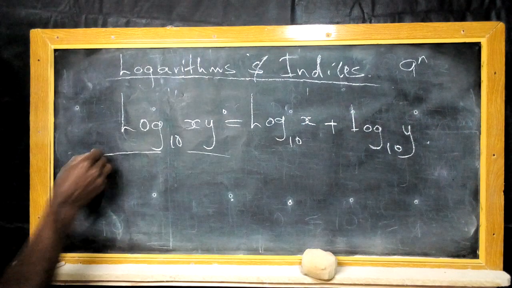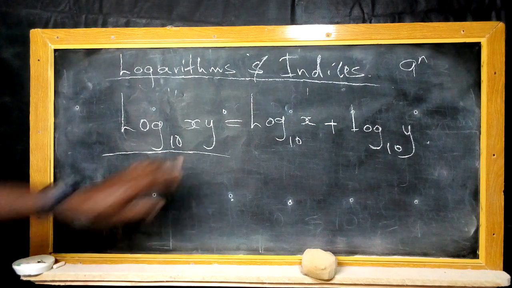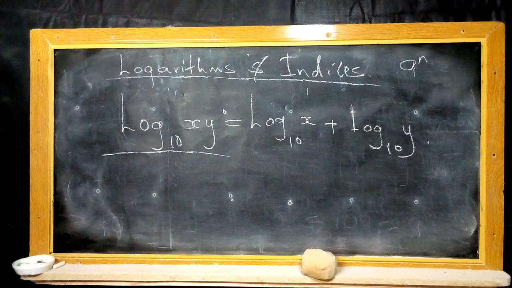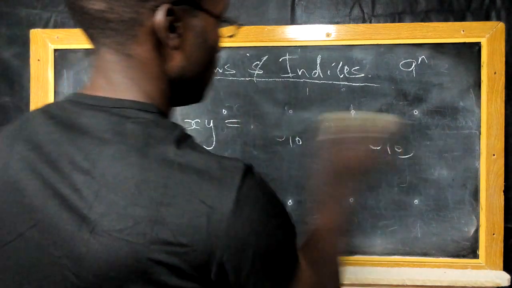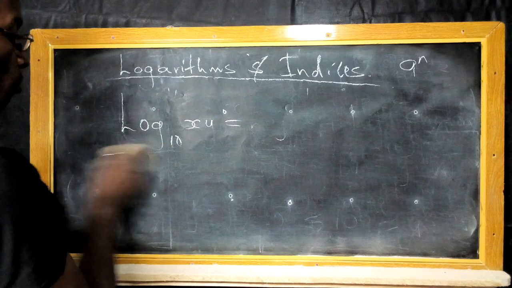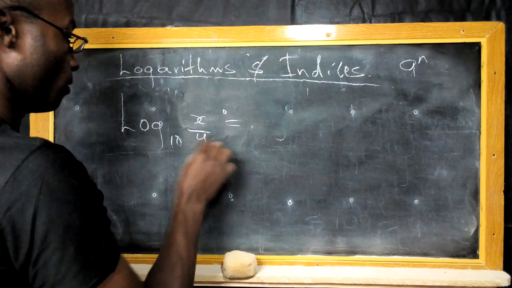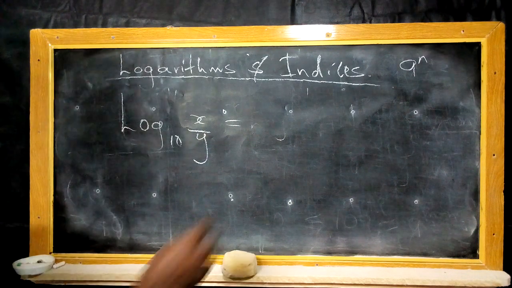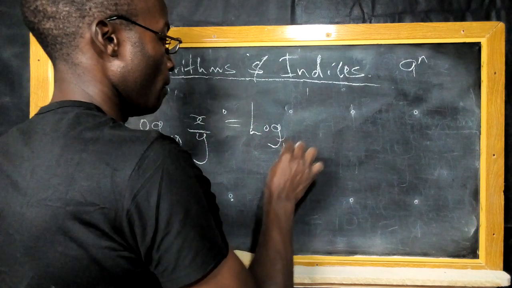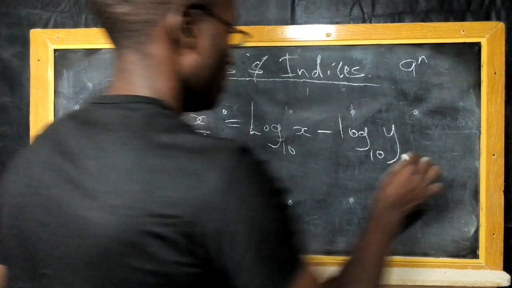This one, which is a product of these two numbers, can be expressed to base 10. So long as the base is the same, we're going to have a sum of those two. Similarly for division, which is log to base 10 of x divided by y, or x over y, this is going to be log to base 10 of x minus log to base 10 of y.